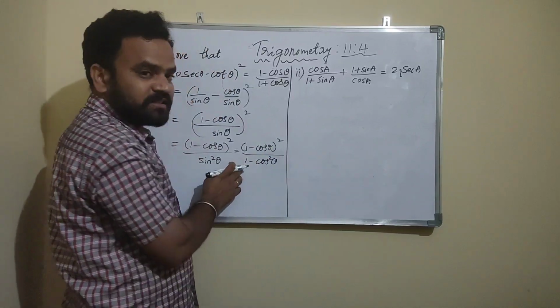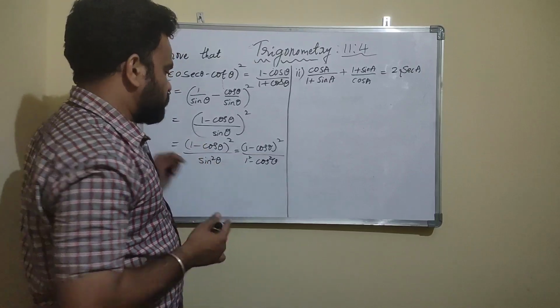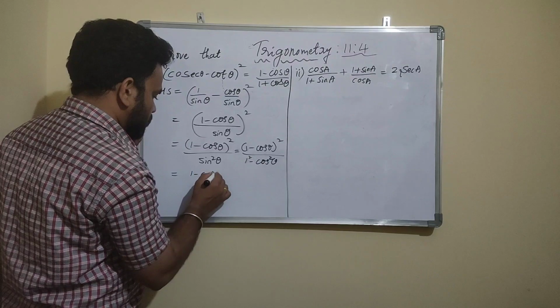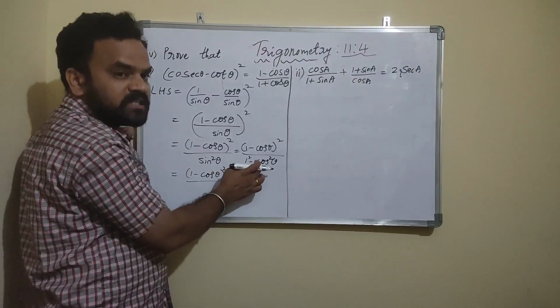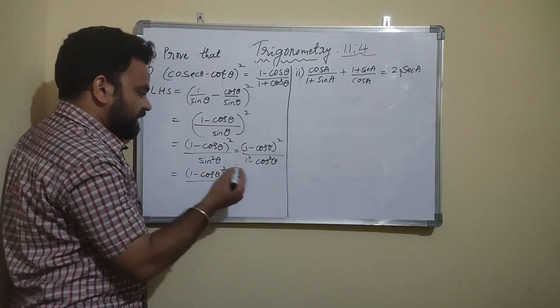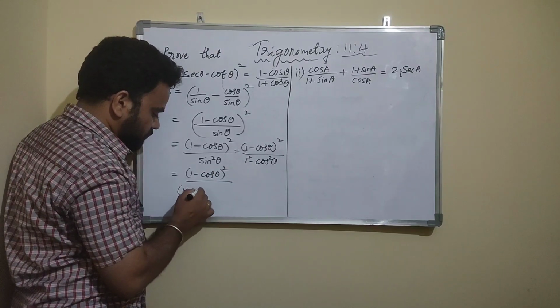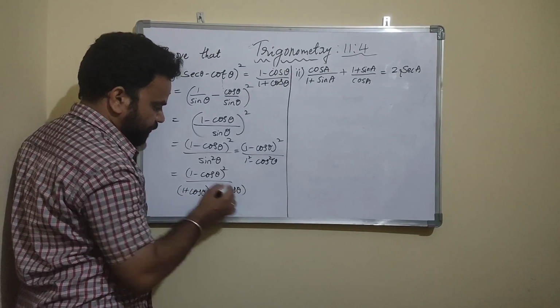So here 1 is there, 1 is also equals to 1 square, right? I can write it as 1 square also. So what is the answer here, (1 minus cos theta) whole square divided by, this is a square minus b square, a square minus b square is (a plus b) into (a minus b), that is (1 plus cos theta) into (1 minus cos theta), right?